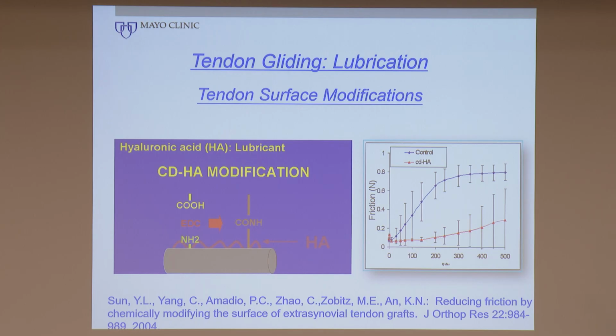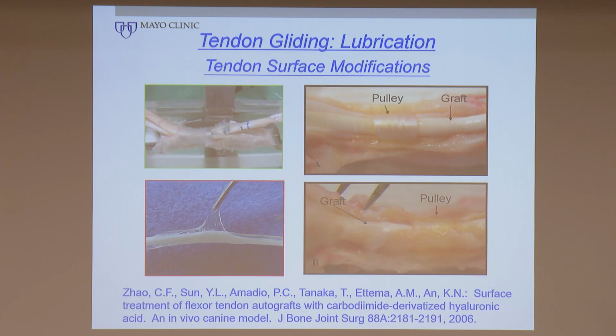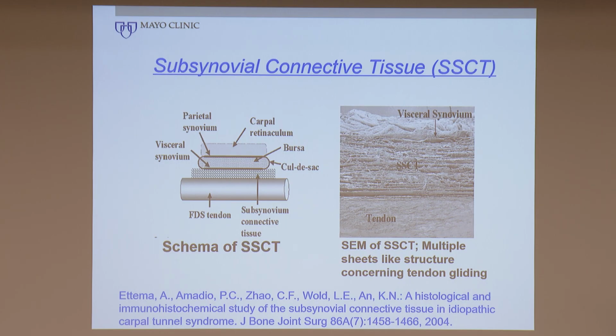As you can see, if you do not treat the tendon, the friction will be this high. Without treatment, you see a lot of scar tissue form. With a simple film attached, the tendon repair could be much more successful.